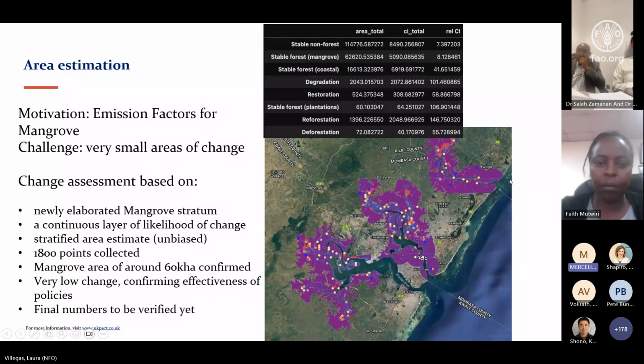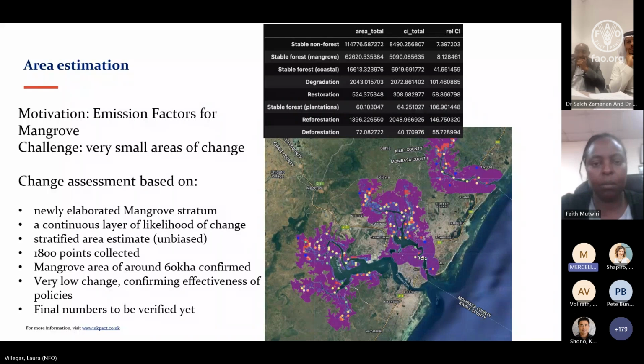So coming to results on area estimation, we applied the good practice guidelines of IPCC as well as GFOI so that we could generate our areas under mangroves as well as other classes accompanying this. The main motivation behind the work that we were doing is because we needed to have specific emission factors for the mangrove areas separate from the other forest strata that we have in the country.